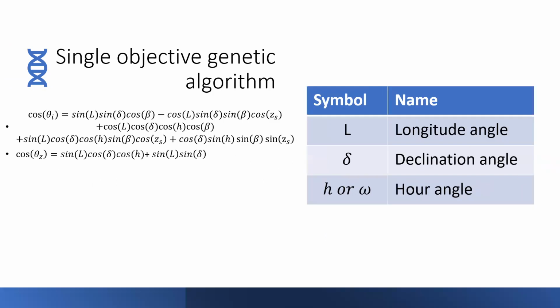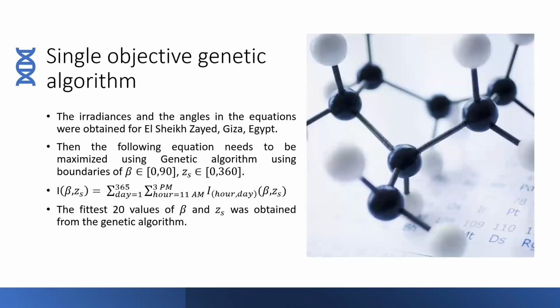We use this equation to calculate the incident angle and the azimuth angle, which are functions of the longitude angle, declination angle, and hour angle. The values of these angles actually change every hour. The main objective function of our genetic algorithm is the summation of the total irradiance over the year.